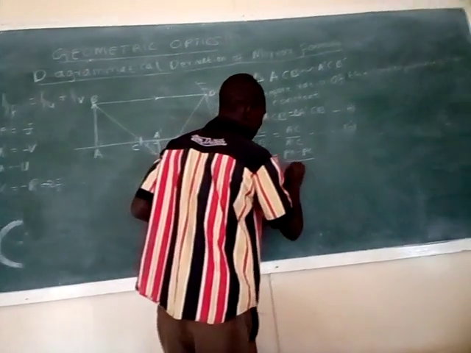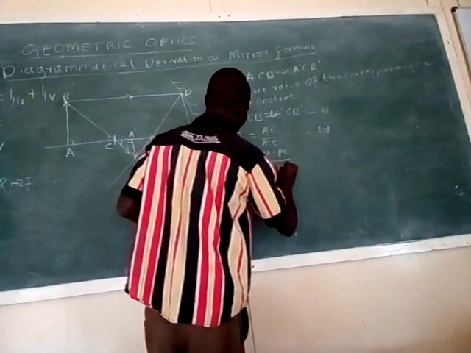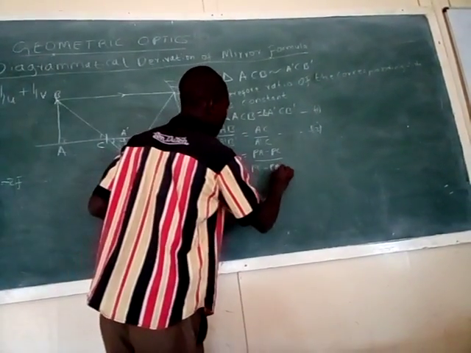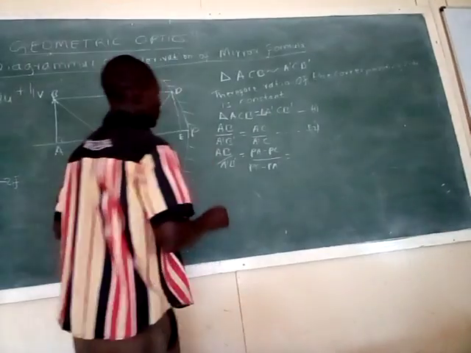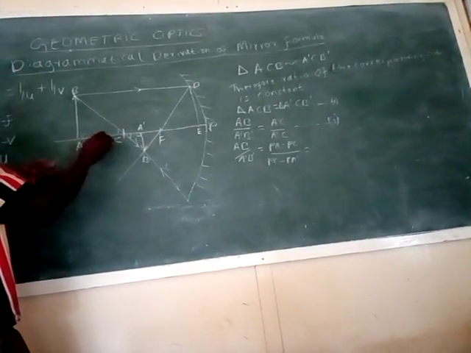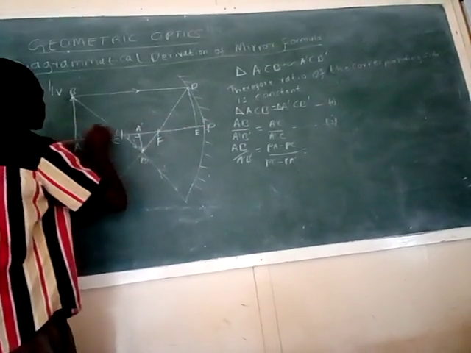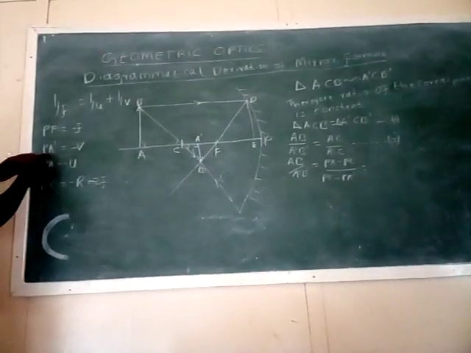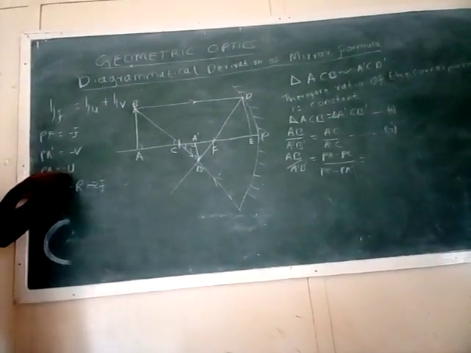PA is the distance from P, that is the object distance, and we say that PA is negative.